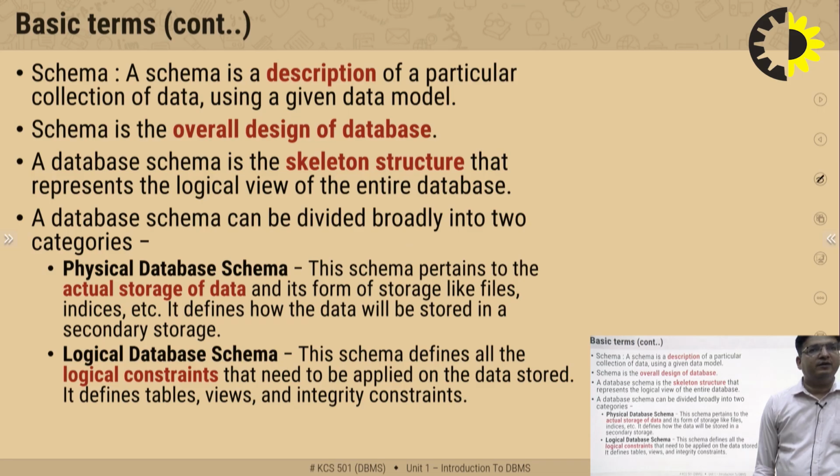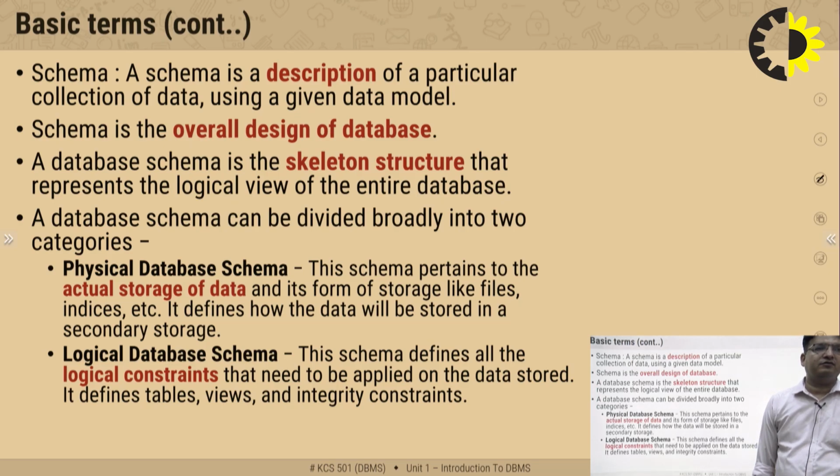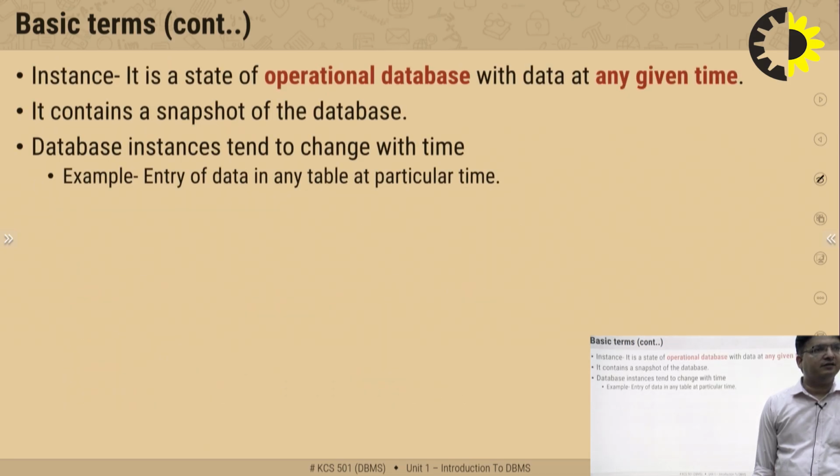And it will ultimately be stored in secondary or external storage devices, more commonly disk. Second is the logical database schema, which defines all the logical constraints that need to be applied on the data stored. Various tables, views, and integrity constraints come under this category.